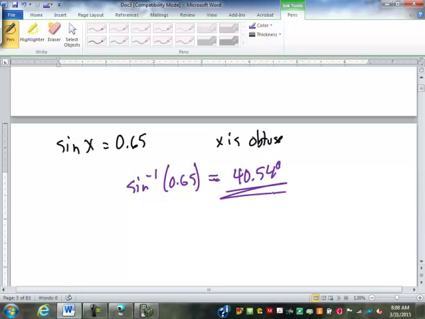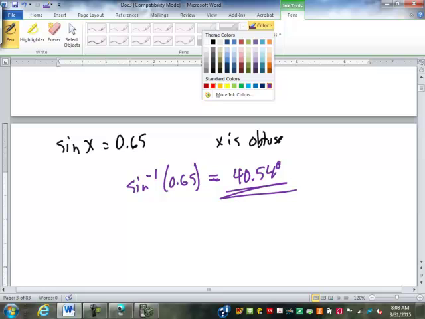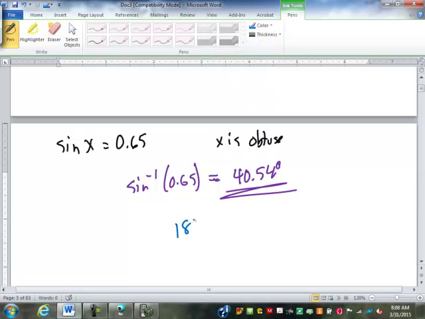But is that our answer? No. Subtract it from 180. So you're at 139.46 degrees. Very important to remember that.